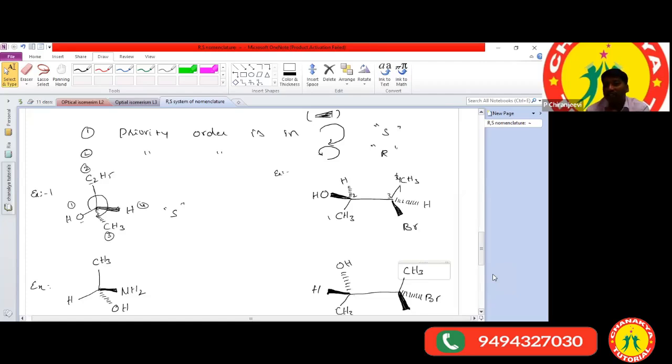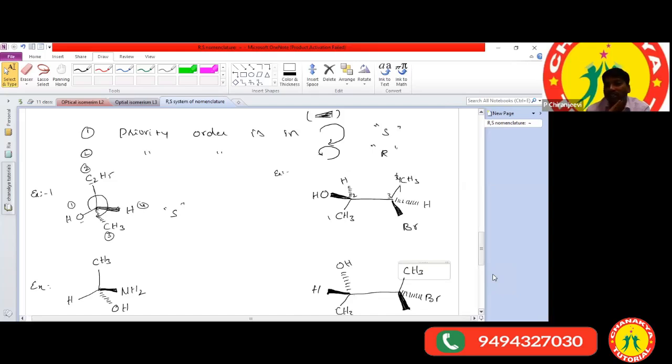So how many chiral centers are there? We have 2 chiral centers. Which are the chiral centers? The second carbon atom and third carbon atom we can call chiral centers.